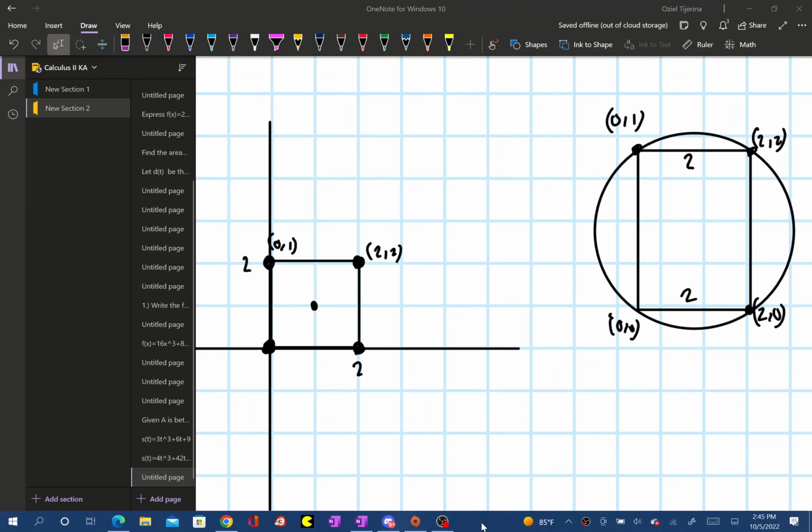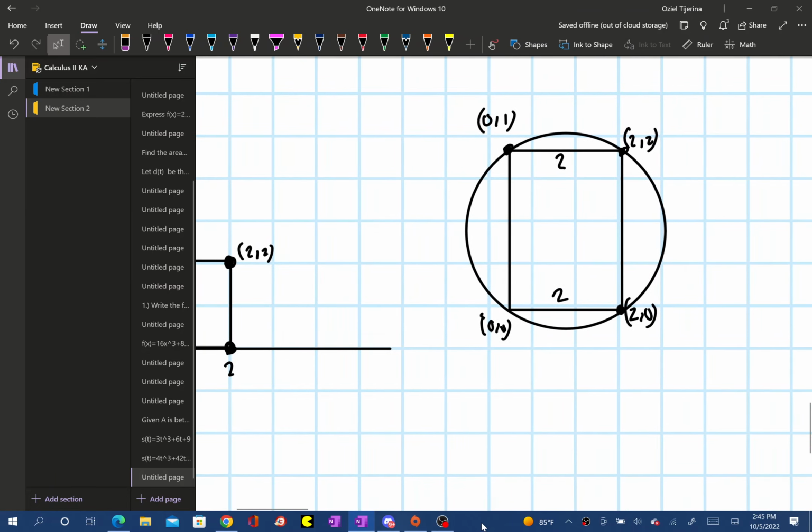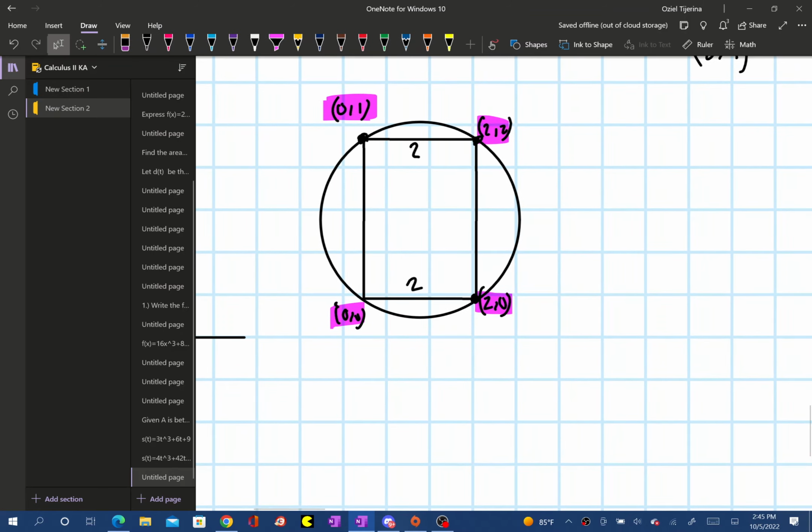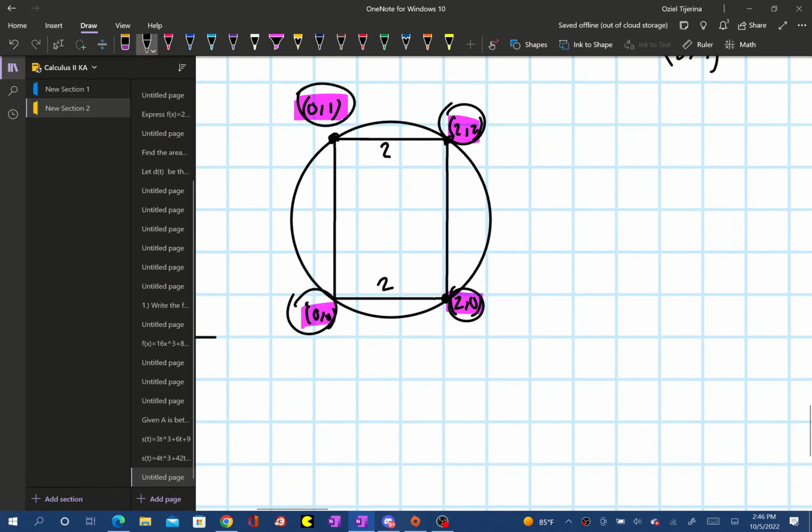Okay, I think I figured it out. To find the center of the circle, we need to do the midpoint between this one and this one, or this one and this one. Basically, you can do it 2 ways.